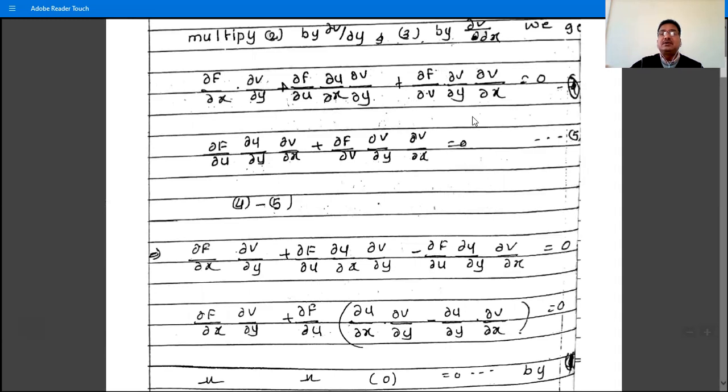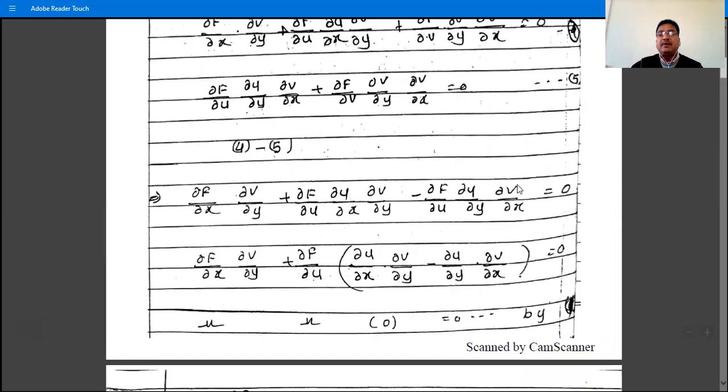These two terms are the same, therefore their subtraction is 0. And so after subtracting these two equations, we have this: ∂f/∂x ∂v/∂y + ∂f/∂u ∂u/∂x ∂v/∂y − ∂f/∂u ∂u/∂y ∂v/∂x = 0.